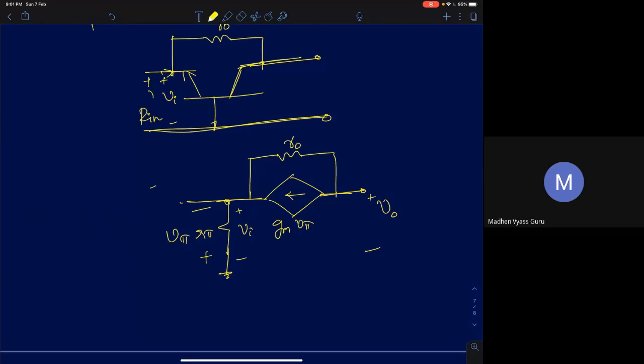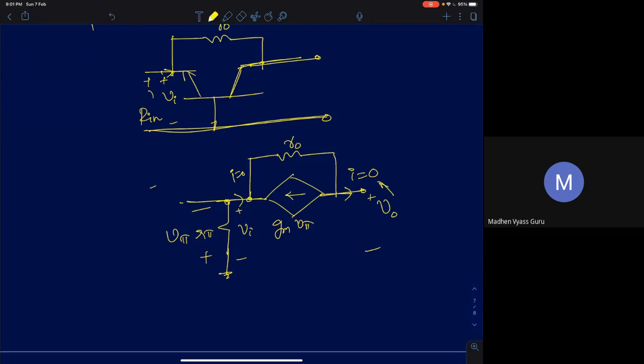You see that? What is the current flowing here? The current flowing here is 0. If the current flowing here is 0, what is the current entering here? That is also 0, right? The sum of the two currents is 0. By KCL, you can say it is 0.